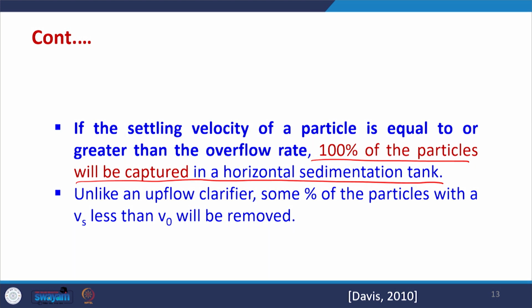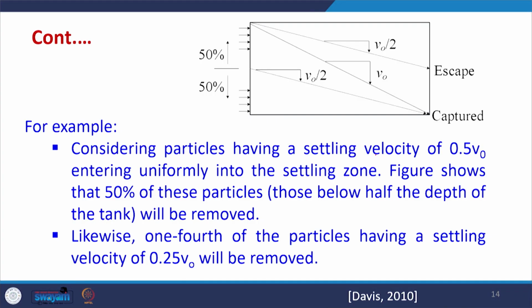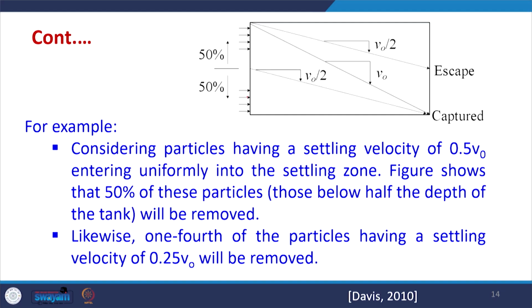Unlike an upflow clarifier, some of the particles with Vs less than V0 will also be removed. For example, consider a particle having a settling velocity of 0.5 V0, entering uniformly all throughout the settling zone.